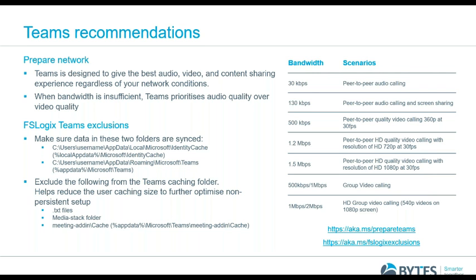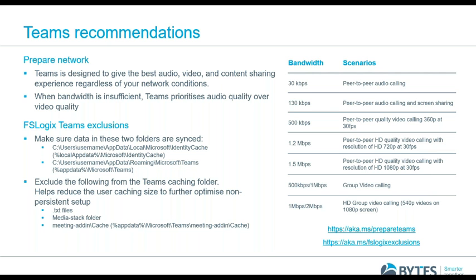And then on the right-hand side, you can see some bandwidth requirements for certain workloads. One thing to remember is that Teams will always prioritize audio over video quality, so video quality will drop down if it needs to. You've probably experienced that yourself if you're using Teams.